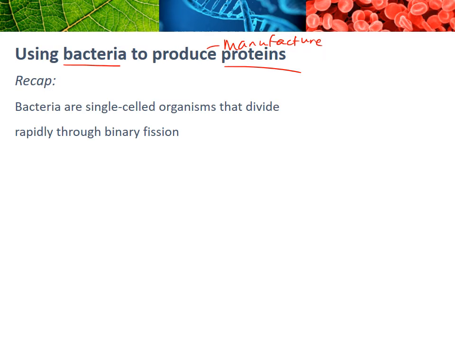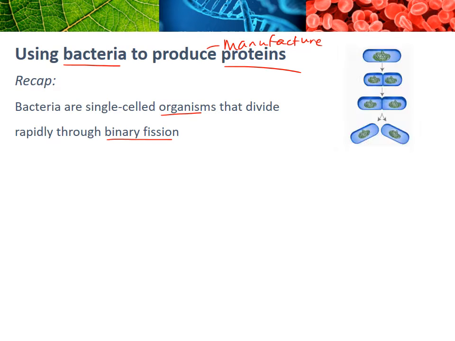Firstly, bacteria are single-celled organisms. So one bacteria is an organism, and they divide quite quickly through binary fission. Remember, we get bacteria, they go through this process and they split into two bacteria. It's a type of asexual reproduction. They don't need a partner to do this.